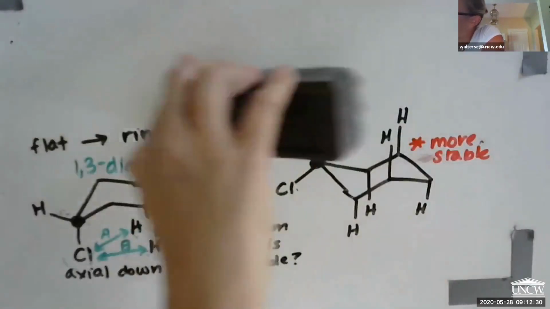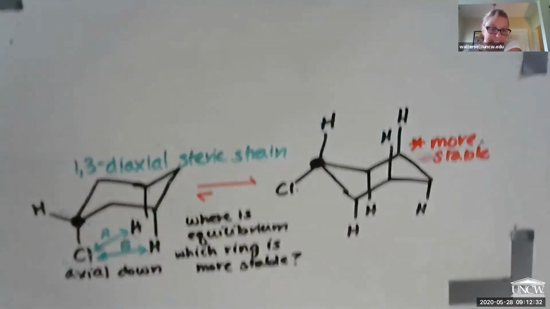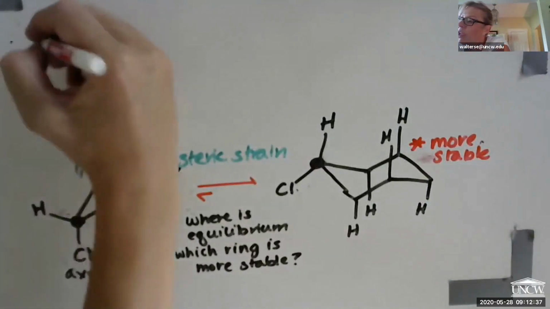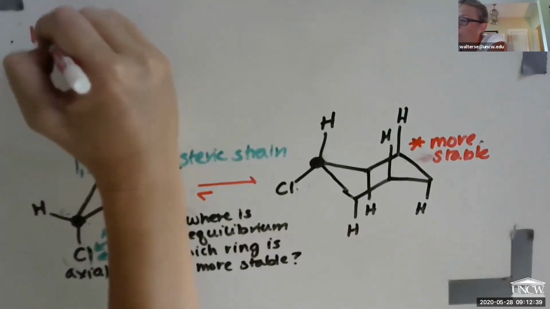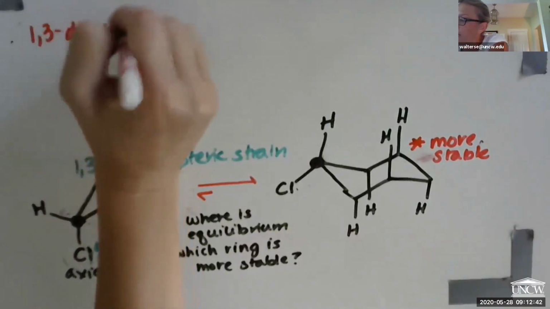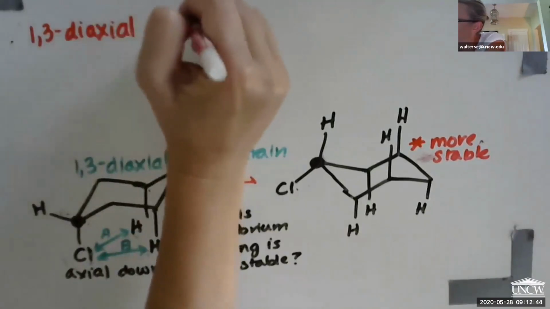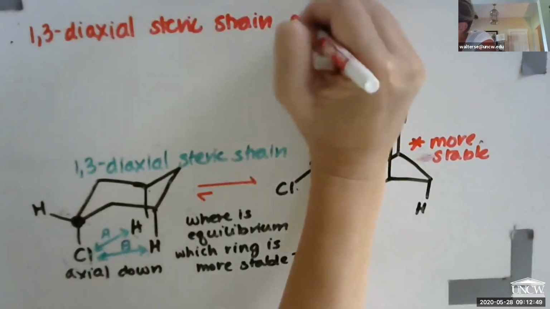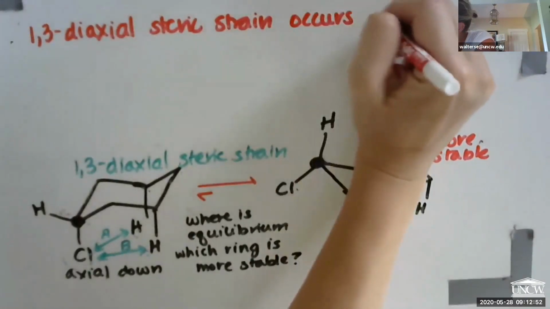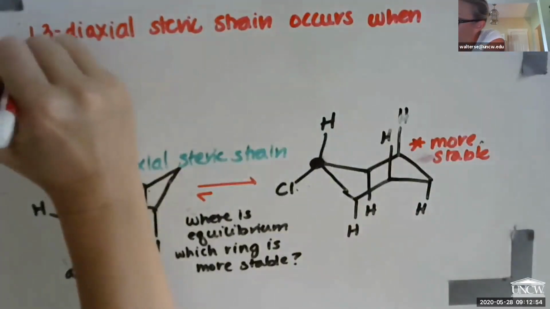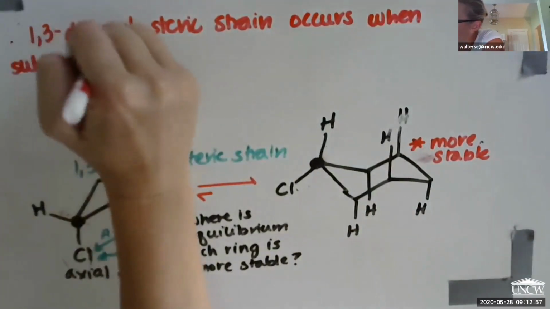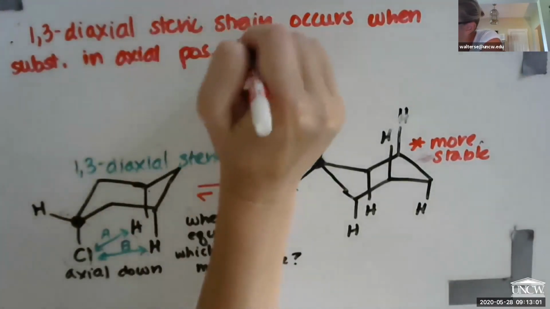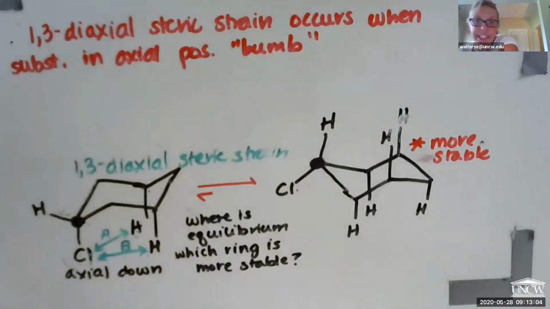1,3 diaxial steric strain only occurs in groups that are in axial positions. Okay. So the 1,3 diaxial strain occurs when substituents in axial positions bump, and that's just the electron clouds interacting.